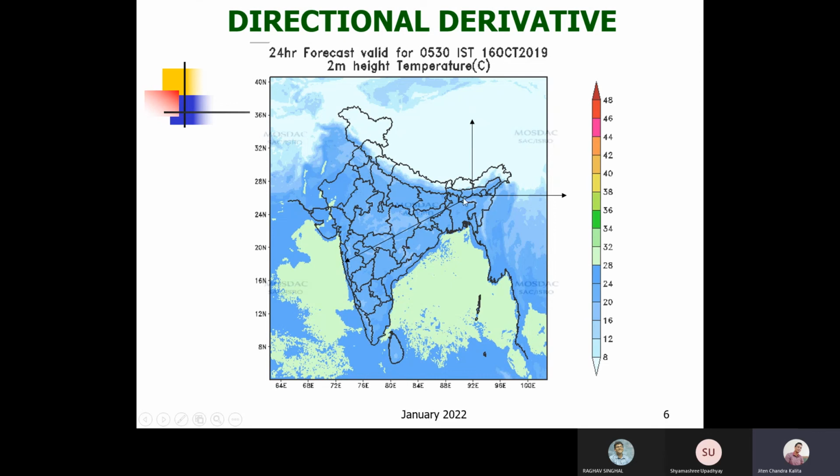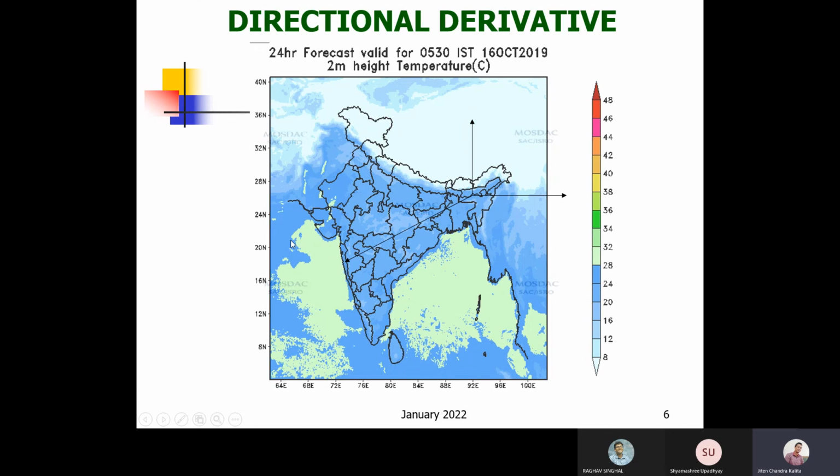Now, suppose I want to see how the temperature is changing in an arbitrary direction. Like if you go from Guwahati to, I think, Bombay, Mumbai, then how is the temperature changing? Then I will have a problem, because so far we have only learned how to find the rate of change along only two particular directions.